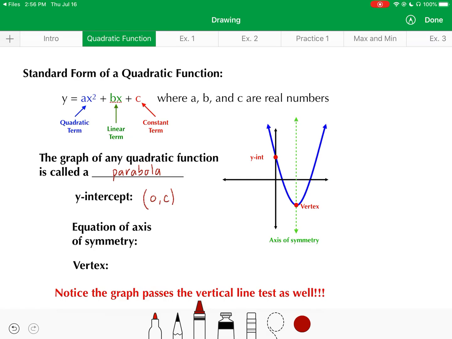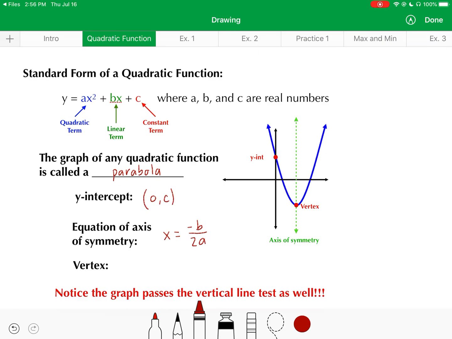And then notice it has an axis of symmetry to it. So this is the vertical line that is literally dividing the parabola in half. And we have an equation that we can use from our formula for the function to find that axis of symmetry. It would be x equals the negative of the b value from your function divided by 2 times the a value, okay?